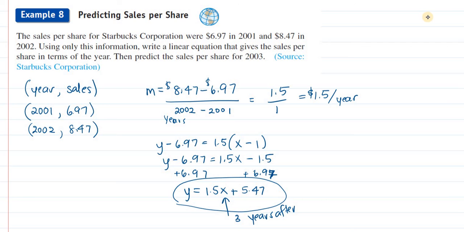If 2001 was 1, then 2002 is 2, and 2003 is 3, etc. All right, so anyways, if you plug in 1.5 times 3 plus 5.47, you get $9.97. So that is an estimate for the sales per share for 2003.